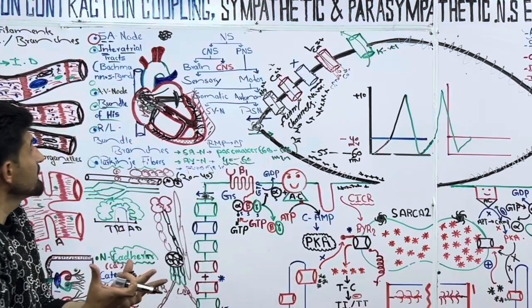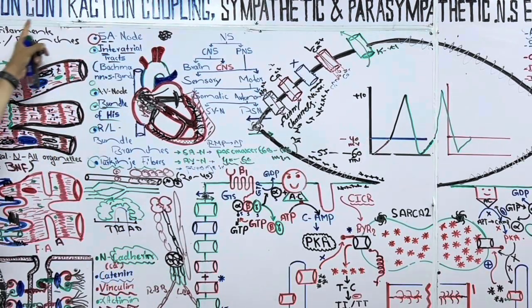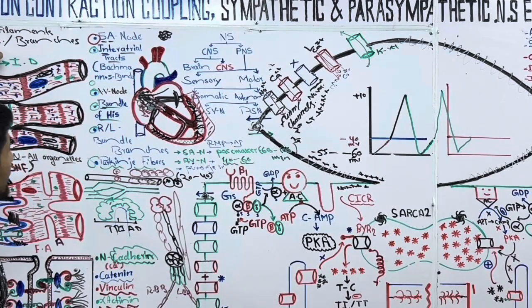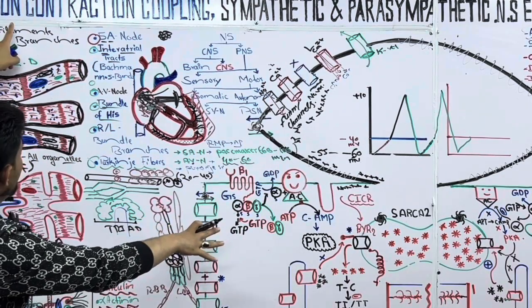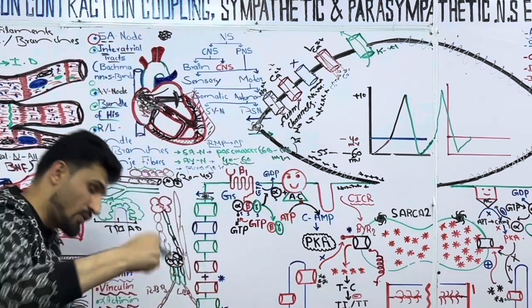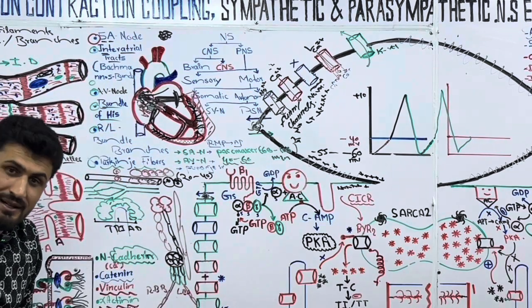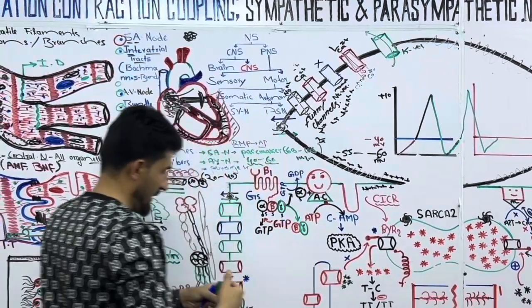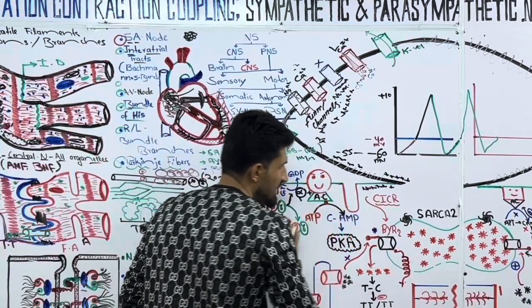And this mechanism is called excitation-contraction coupling. Let me explain how excitation of the myocardial cells causes contraction of the myocardial cells, and contraction means systole of myocardium.